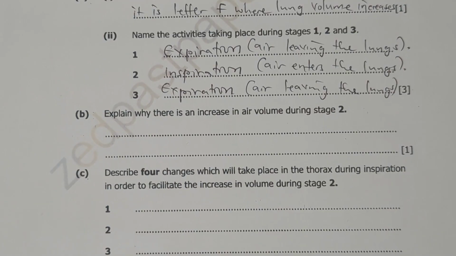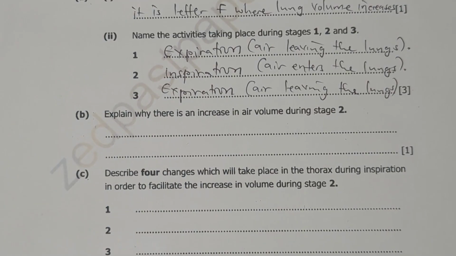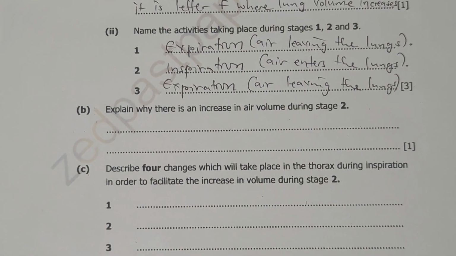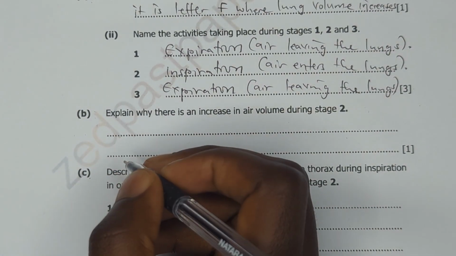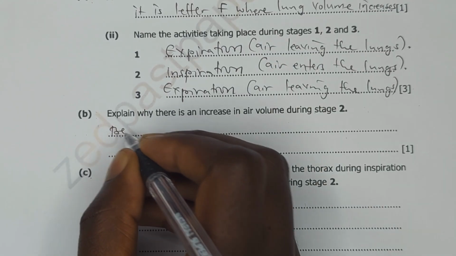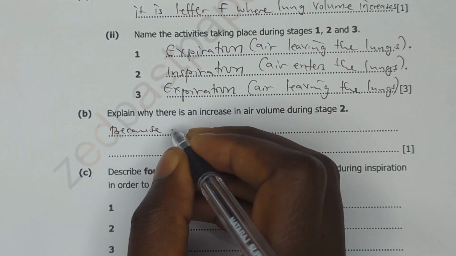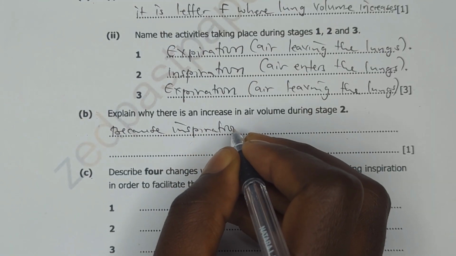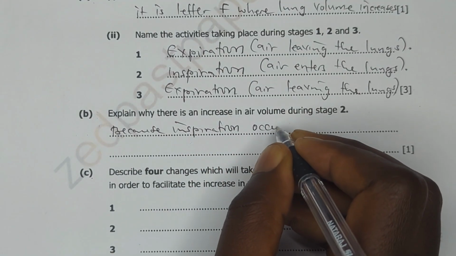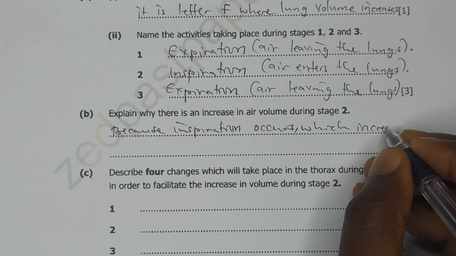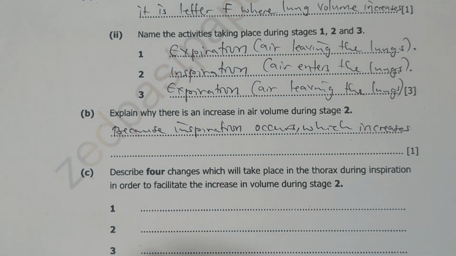So the reason why there is an increase in volume during stage 2 is because inspiration occurs, which increases thoracic volume.